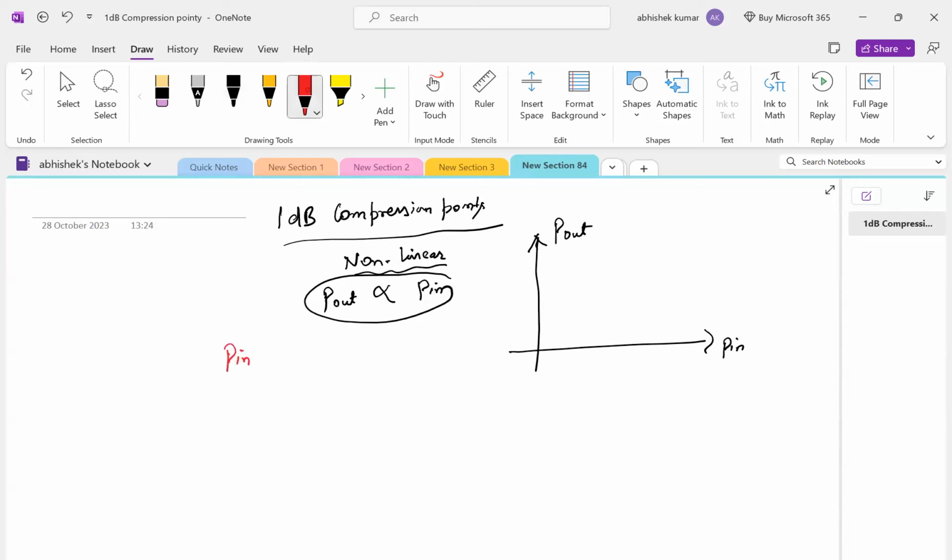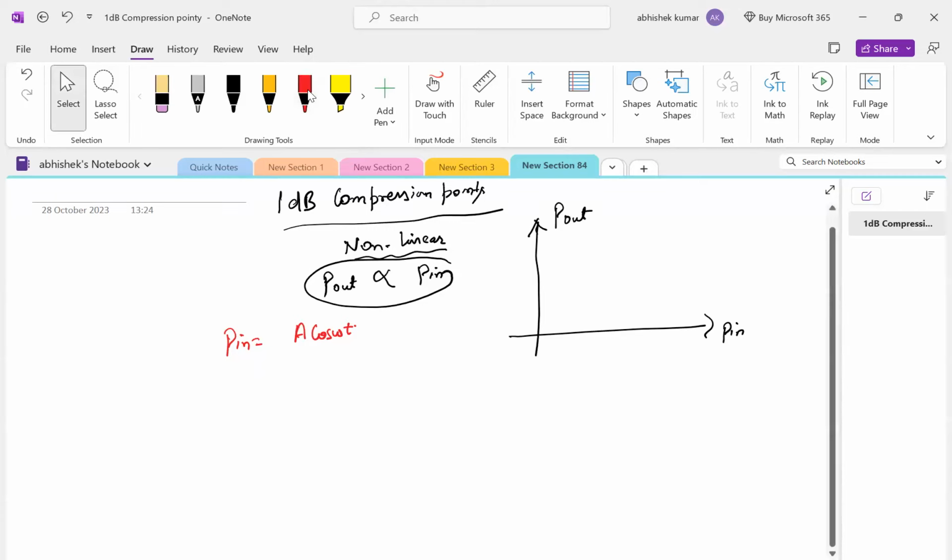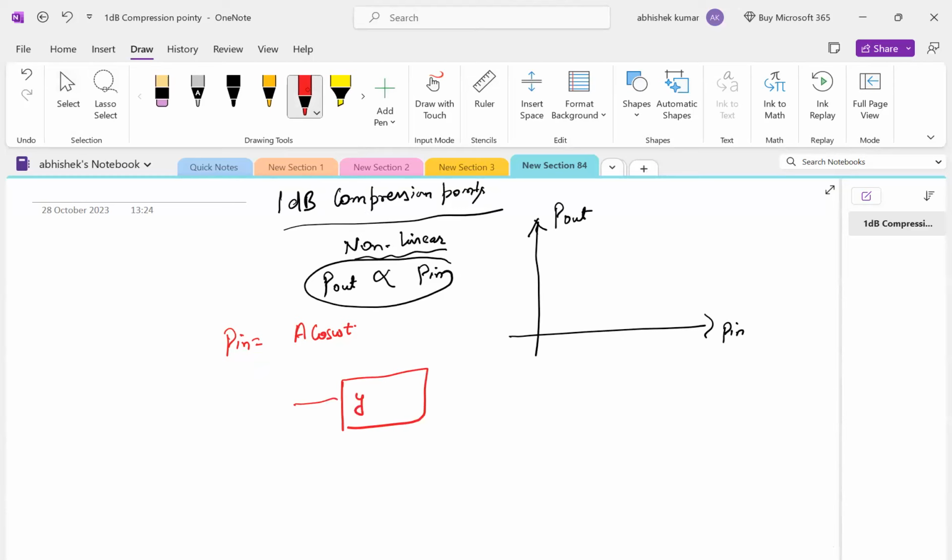You are giving input as cos omega t, but due to the non-linearity, you might be getting different components at the output.